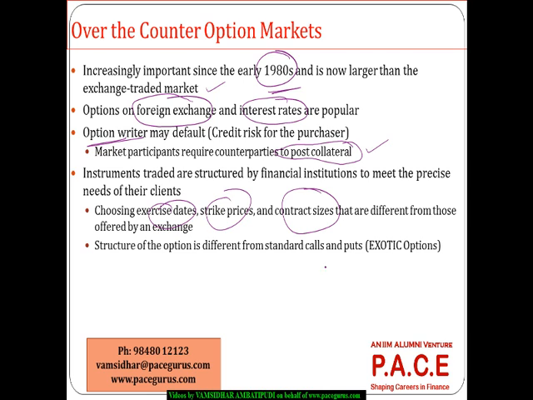And when we talk about exotic options, we'll see there are hundreds of variants of options, not the traditional American and European put and call options. Different varieties of options could be created, all coming under the category of exotic options. And all of those exotic options are not traded on the floors of the exchange. They are taking the route of the over the counter market itself.